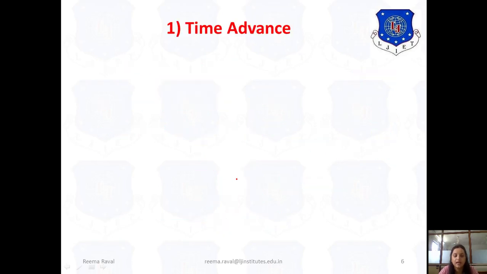Now next is time advance, which is exactly opposite to time delay, right? Whatever we have done in time delay, this is going to be exactly opposite. Let's say for example, I consider x of n equals 2, 3, 3, 2, 1, having the arrow's initial position in between.